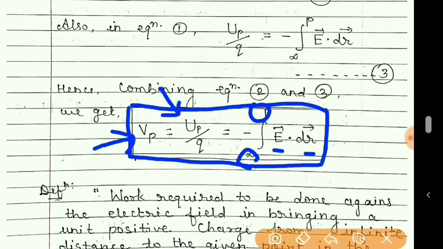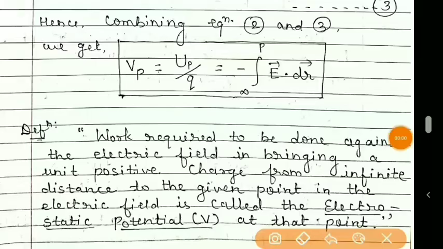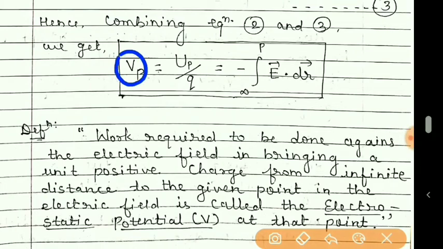UP is the potential energy at point P. Now we can easily define electric potential at any point. Here the only difference between the definition of electric potential energy and electric potential is the words unit positive charge.